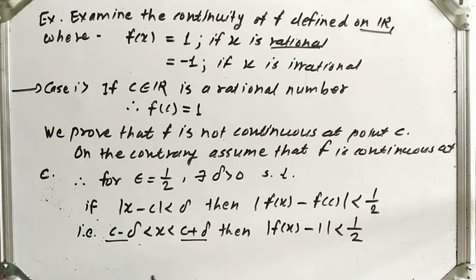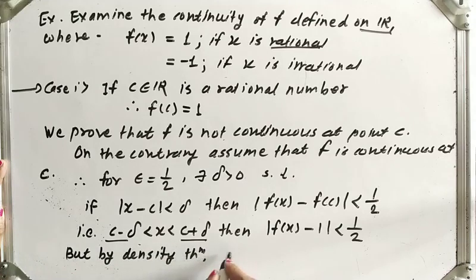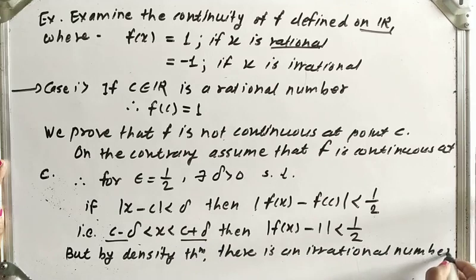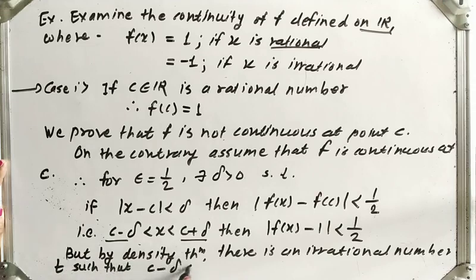So we will write here, but by the density theorem there is an irrational number t such that t is present between them: c minus delta less than t less than c plus delta.